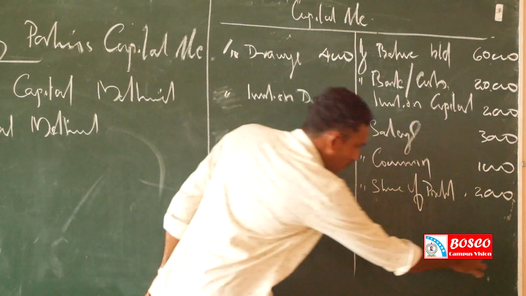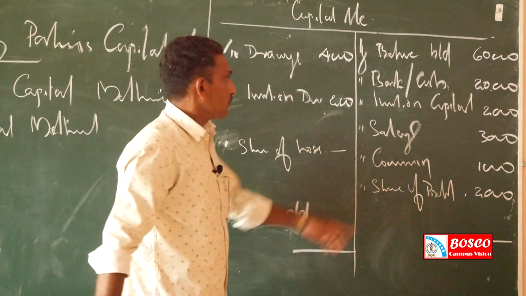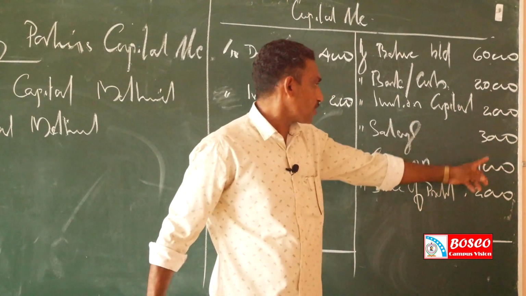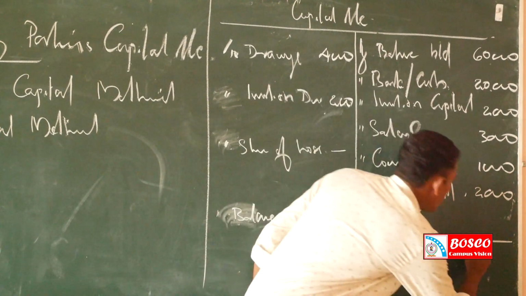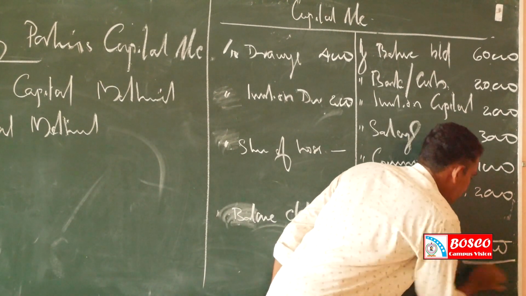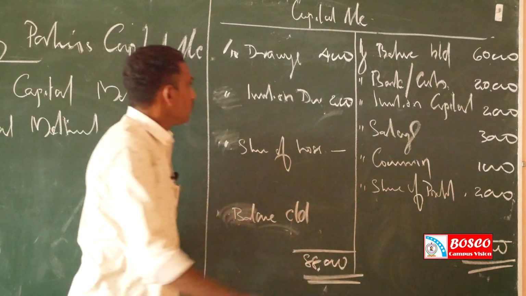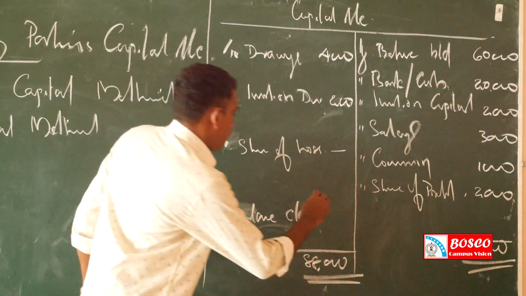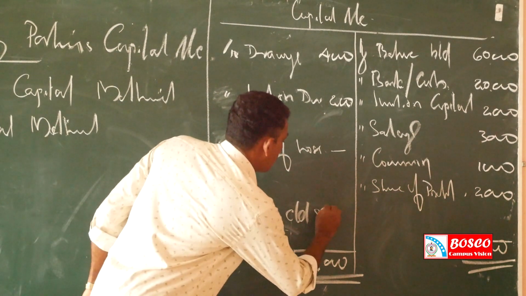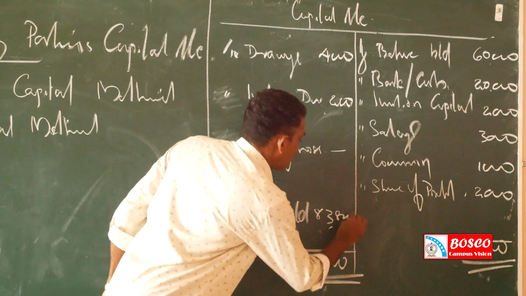So the closing balance will be, we know, 60, 80, 82, 85, 86, 88. Total 88,000. We will get the balance of 83,800.